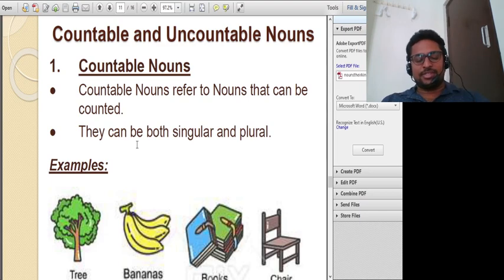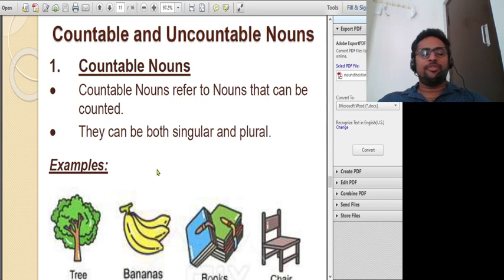Based on the form, we have two types of noun: countable noun and uncountable noun. A countable noun may be in singular and plural form. For example, boy and boys, girl, girls, town, towns. For countables we have a singular form and plural form.